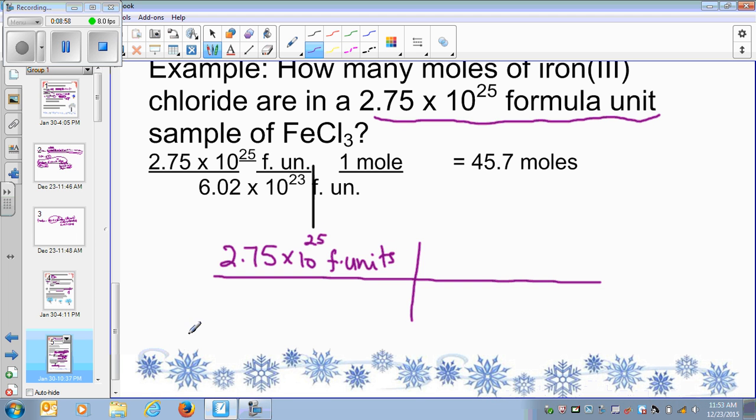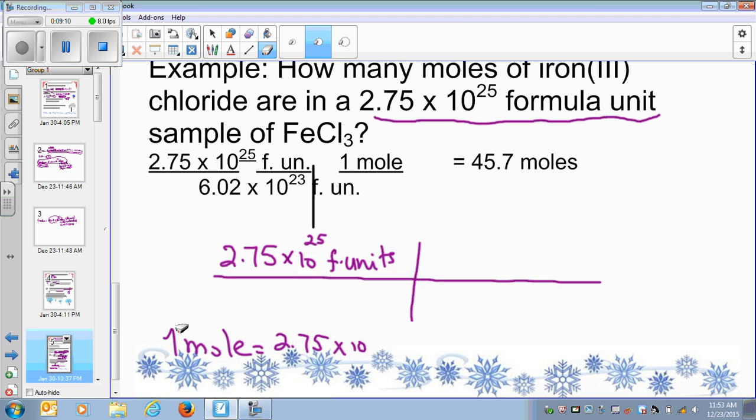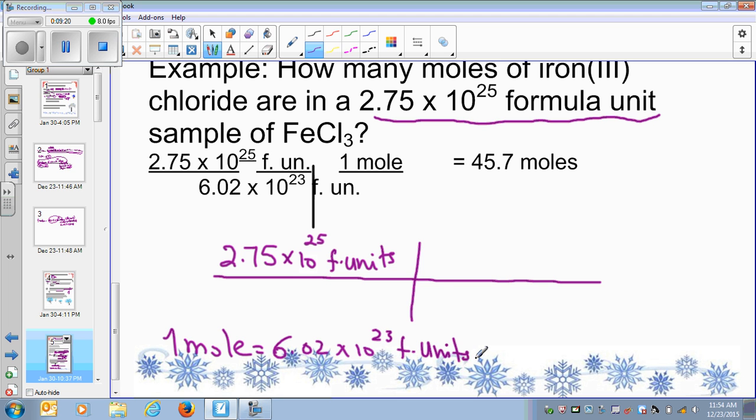Now I know that 1 mole is equal to how many formula units? 6.02 times 10 to the 23 formula units. So this is my conversion factor.